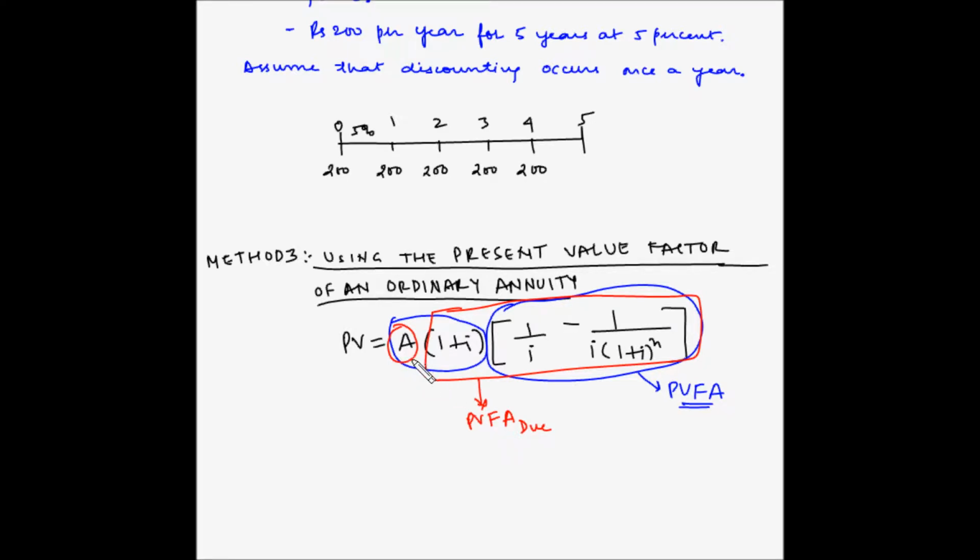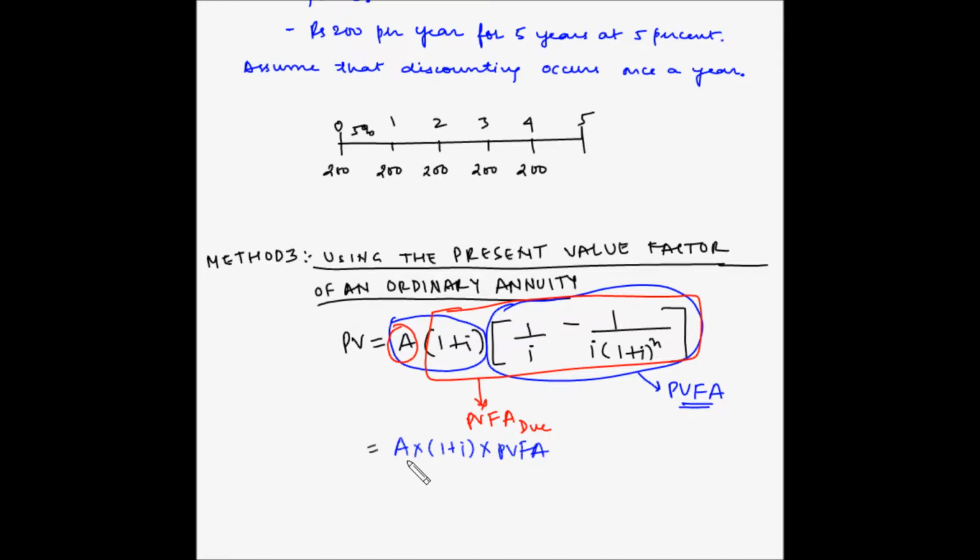So that's why this is known as present value factor of an annuity due or a present value factor of an ordinary annuity. So basically, as we have seen, we can find out the present value using two different methods here. One, using the present value factor of an ordinary annuity. So in that case, our formula will become A into 1 plus I into PVFA.